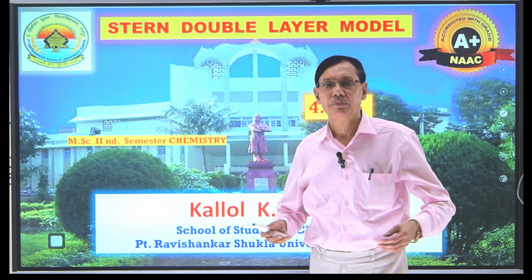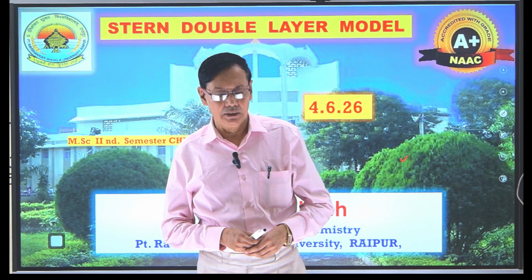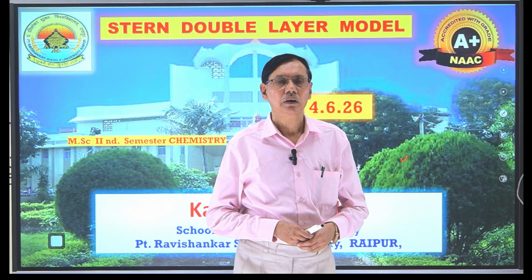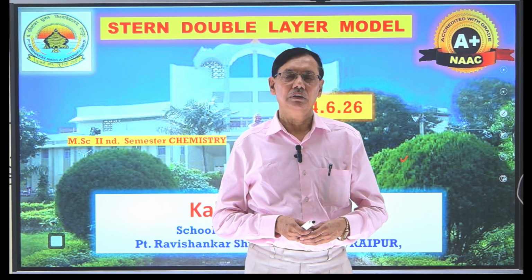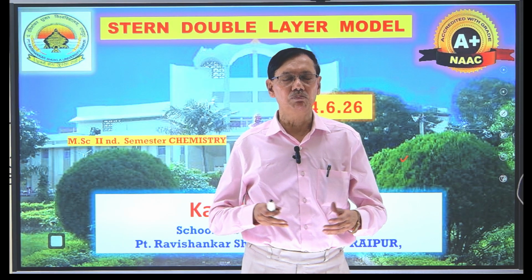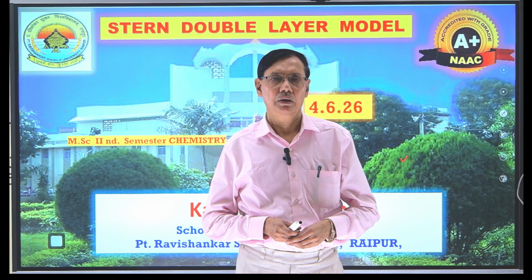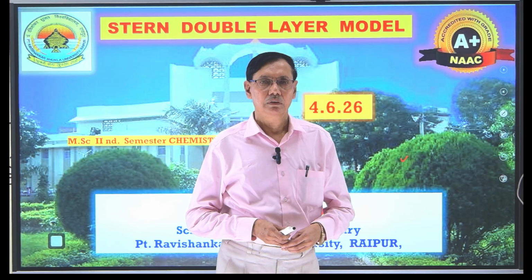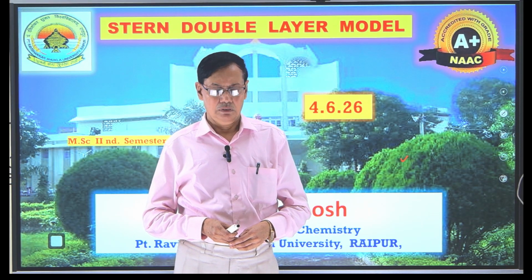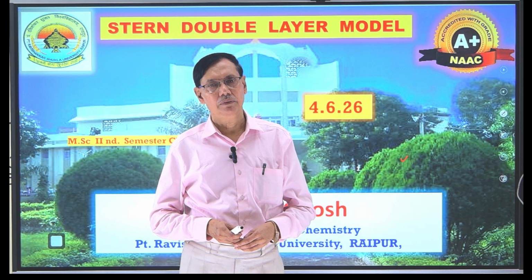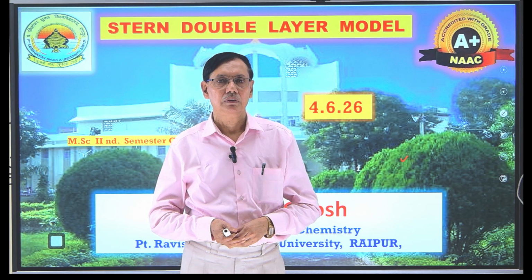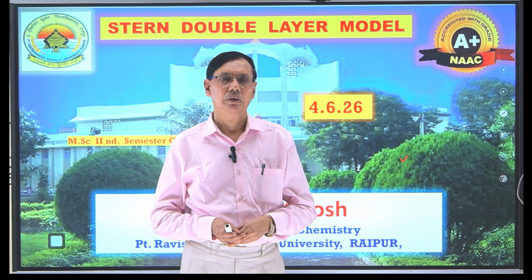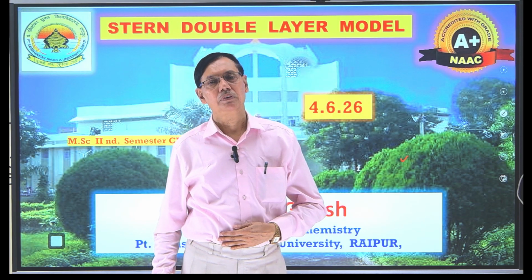In my previous lectures, I had discussed two important models. One, as you are all aware, is called the Helmholtz and Perrin model, which is supposed to be the starting model, and there was some problem.